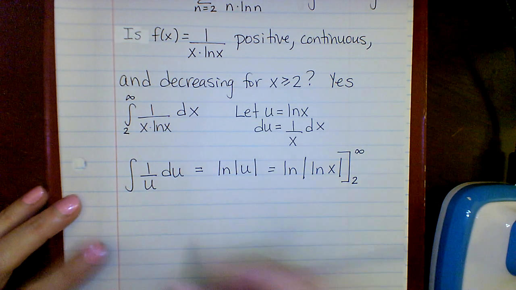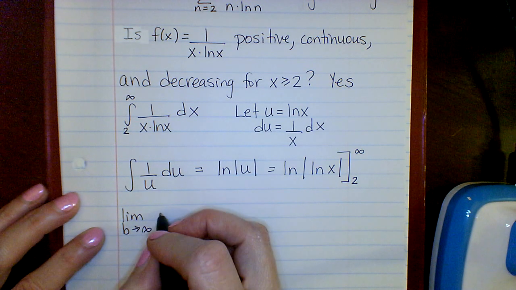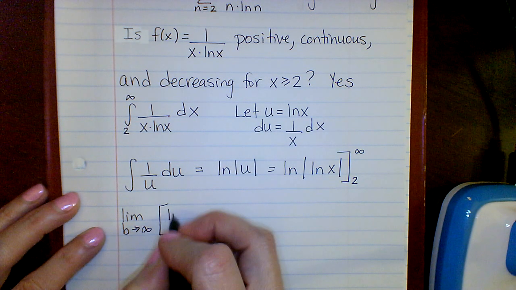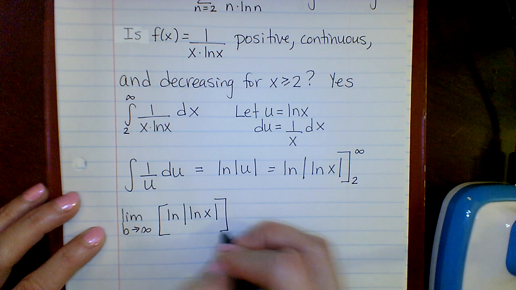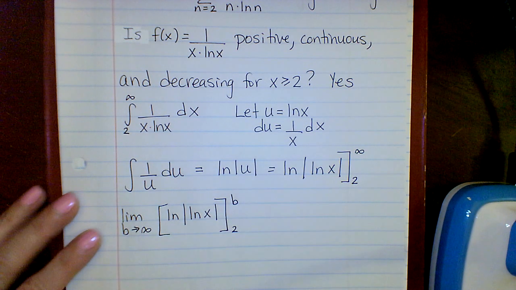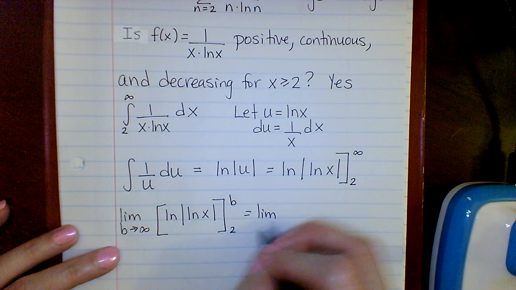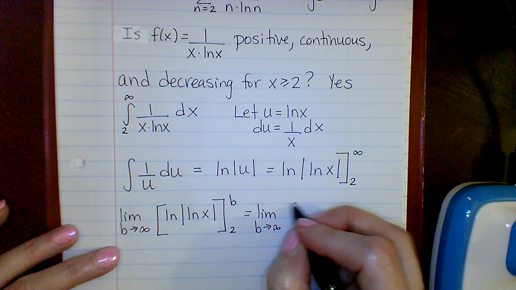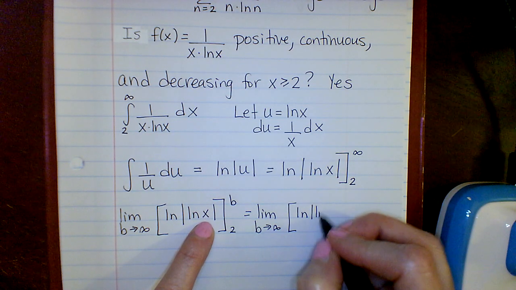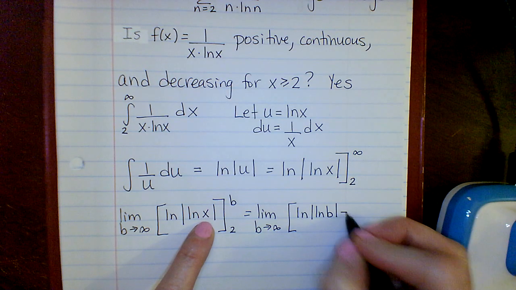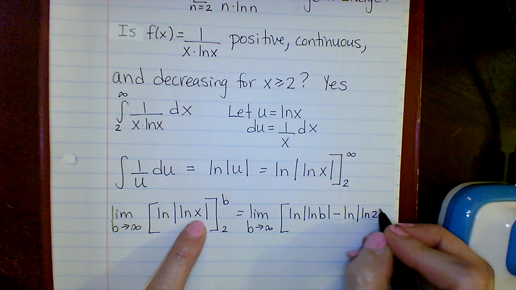So the limit as b goes to infinity of ln of the absolute value of ln x from 2 to b. If I plug in b, that'll be the natural log of the absolute value of the natural log of b minus the natural log of the absolute value of the natural log of 2.